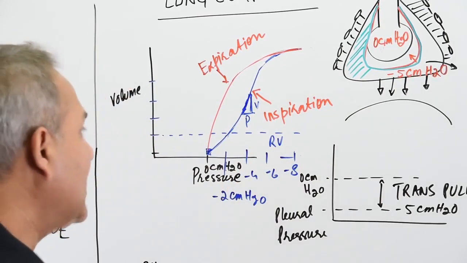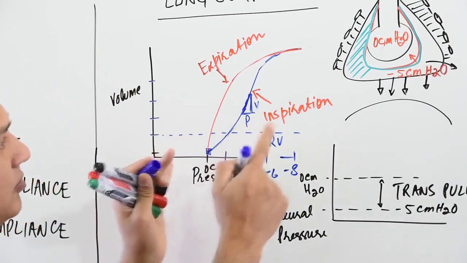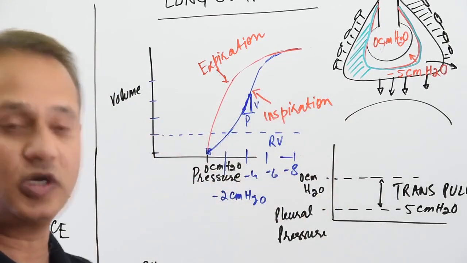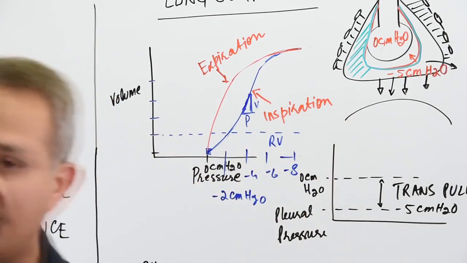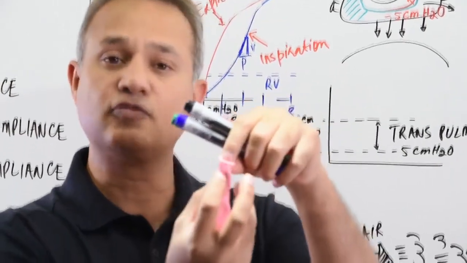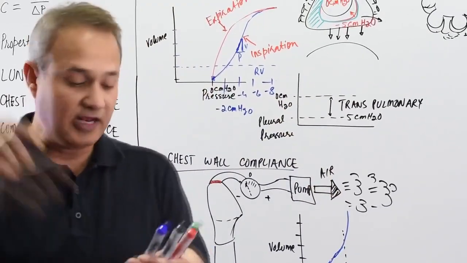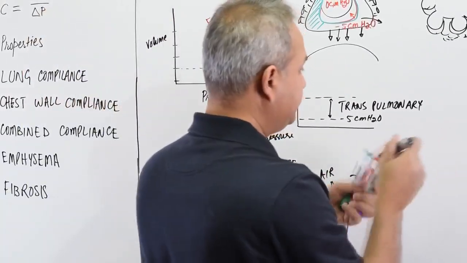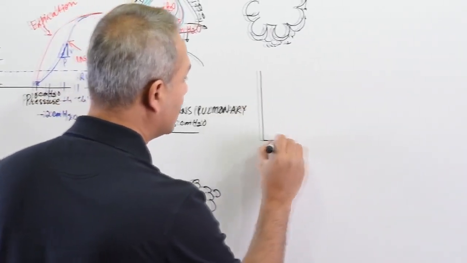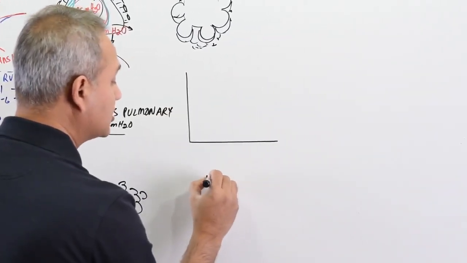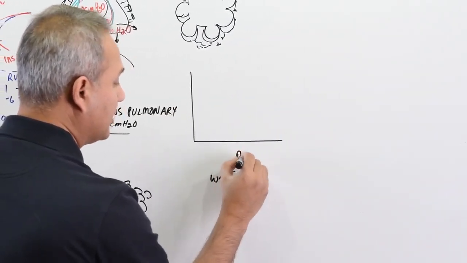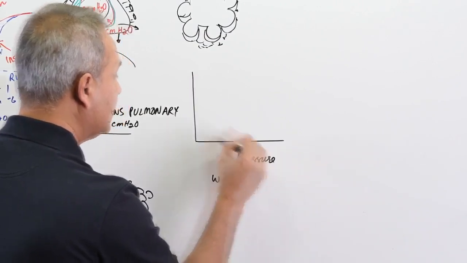What does that mean? Let me fill the same lung with water. Take the lung out and fill it fully with water. Now what will happen? Let's draw that over here. So this is the lungs with water. Again, pressure and volume.